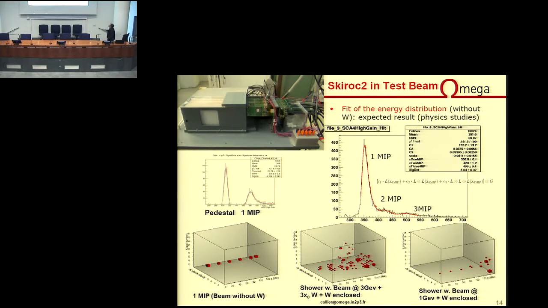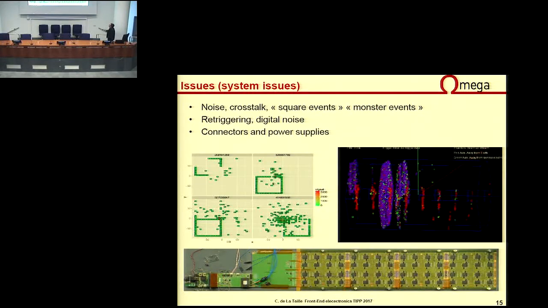Well, this is just a nice plot from the beam. Concerning the system, when we move from one chip to a 100 million channel system, we face new issues. For example, noise, crosstalk.